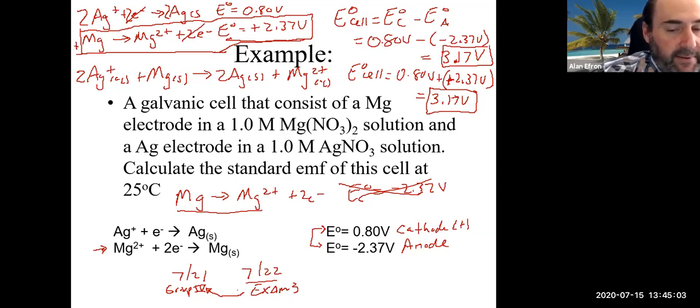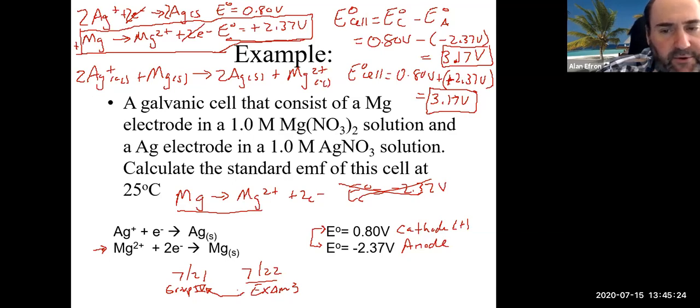So when you go to the SRP table and compare values like we did here, the silver at 0.8 volts is more positive than the magnesium at minus 2.3 volts. And that means that the silver here should be our cathode, and by default, the other one would be our anode.